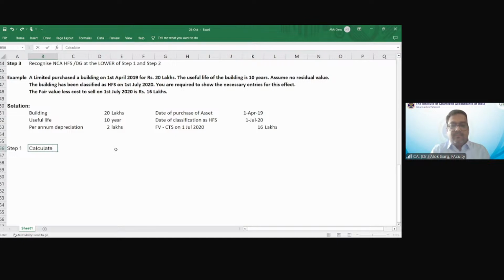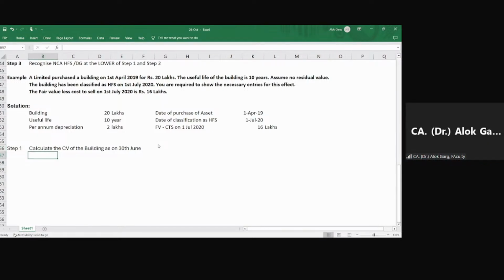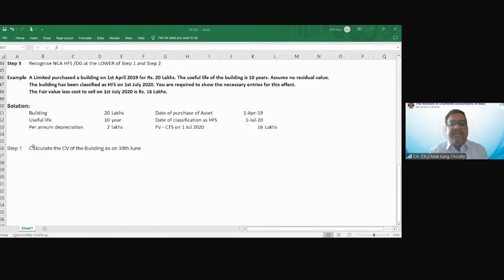Calculate the carrying value of the building as on 1st July 2020, or I can write 30th June, meaning the value at midnight of 30th June will be the closing value, since until then it was PPE. So calculate the carrying value of the building as on 30th June 2020.